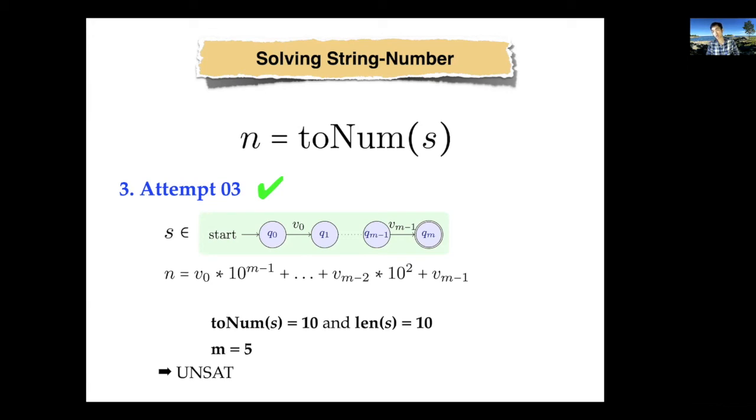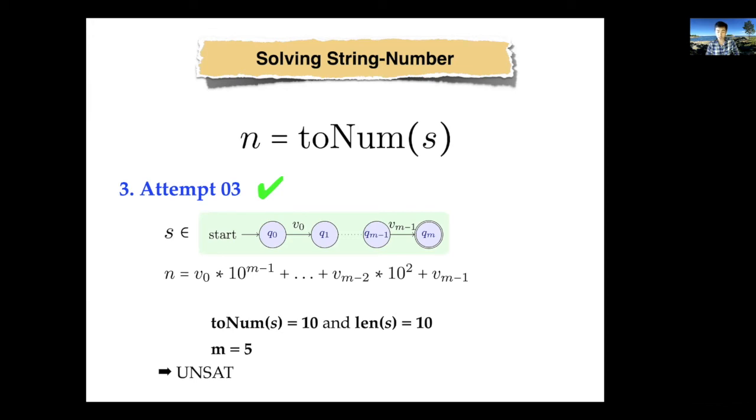But one thing we don't feel happy about this way is that we had to bound the length of our string variable. And it doesn't work in some cases. For example, when we have the constraint to_number of S equal to 10 and length of S equal to 10, and assuming we bound the value of our string variable equal to 5, so M equal to 5, the string solver will return unsat.